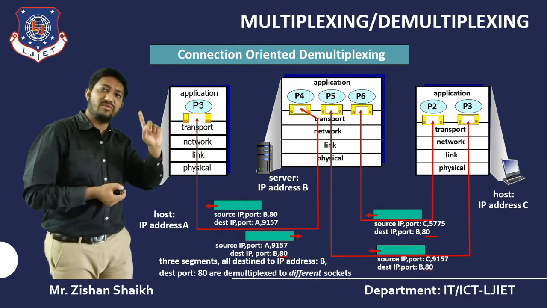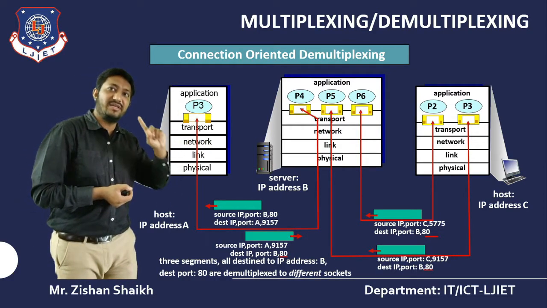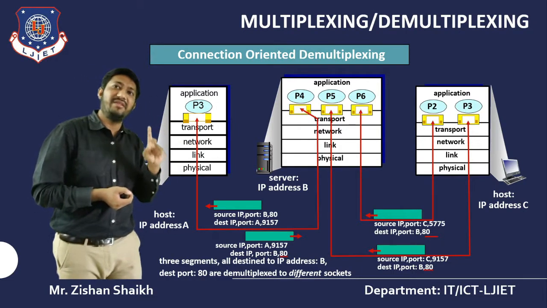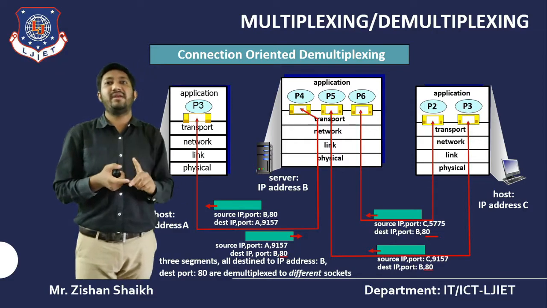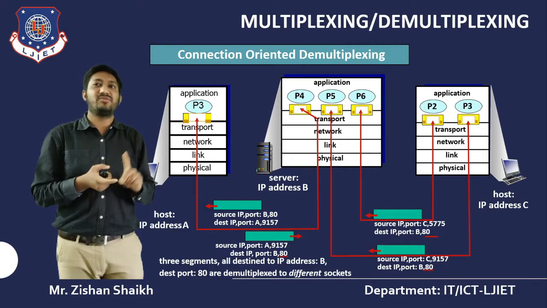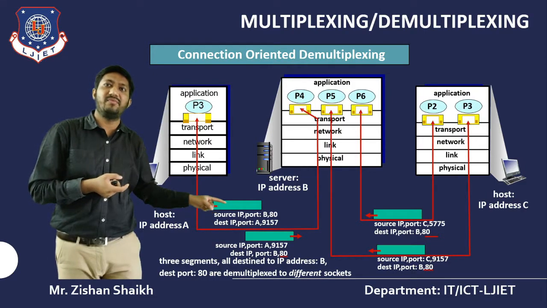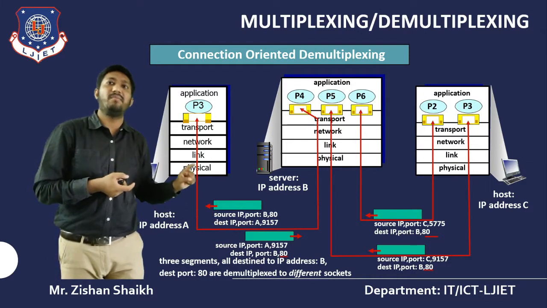So the first requirement is the source and destination IP address, and the second requirement is the port number. When I am sending the request, I need to send the source IP address and source port number. We can see here that my source IP address is given and the particular port number is given.